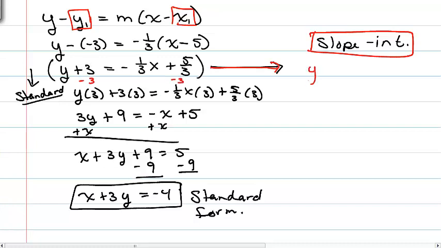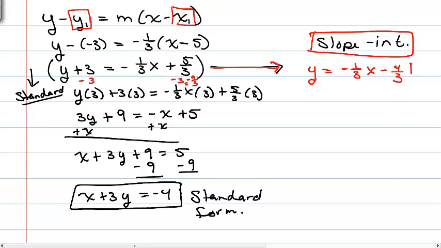That would give us y equals negative 1/3 x. And then now you need to do this operation. So we have 5/3 minus 3, and we need to write that in thirds. And 3 is the same as 9/3, so that would be minus 9/3. And 5/3 minus 9/3 is negative 4/3.